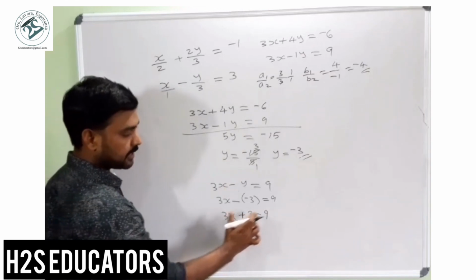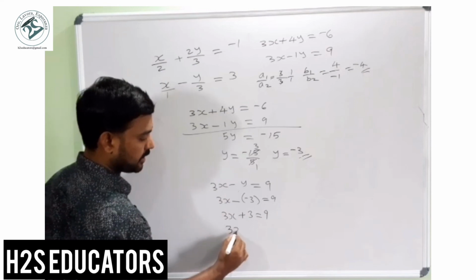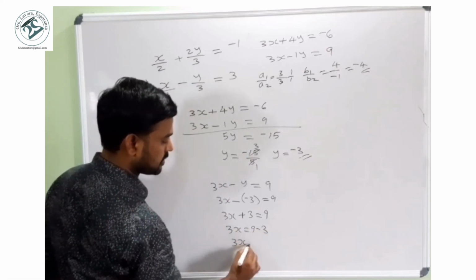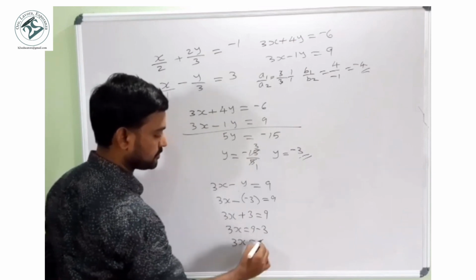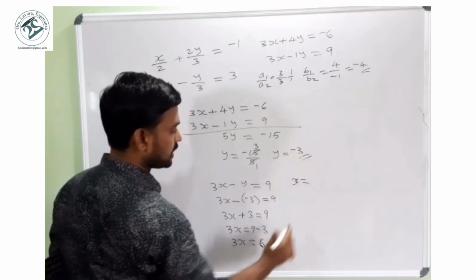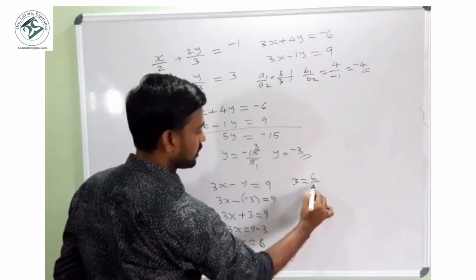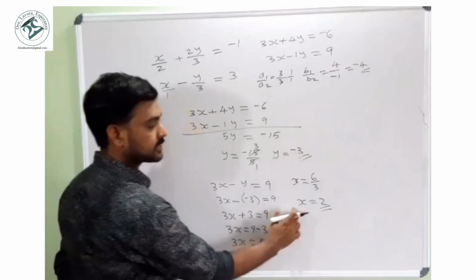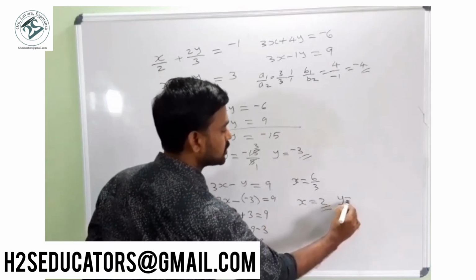Now this plus 3 is transposed to the right side, you will get 3x is equal to 9 minus 3. So 3x is equal to 6. Therefore, x is equal to, this 3 goes to that side, 6 by 3. So x is equal to 2. So we got the answer, x is equal to 2 and y is equal to minus 3.